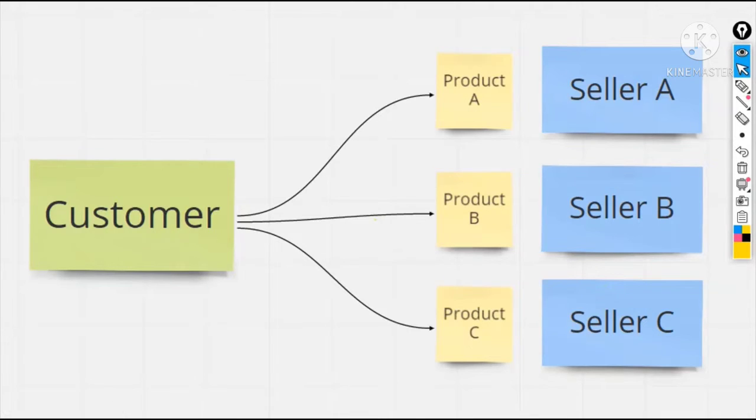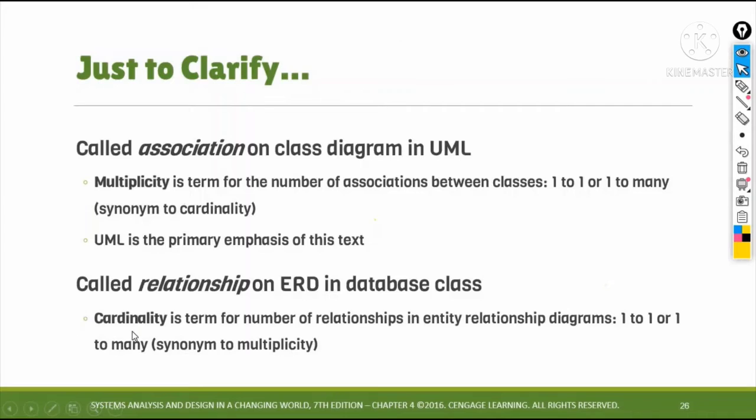So in database management, the number of links that occur is referred to as cardinality. The term cardinality is used for the number of relationships in entity relationship diagrams, which we're going to discuss later. For example, one-to-one or one-to-many. It is a synonym to the term multiplicity.